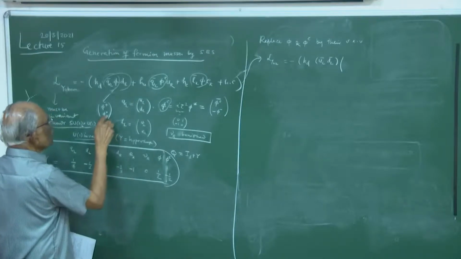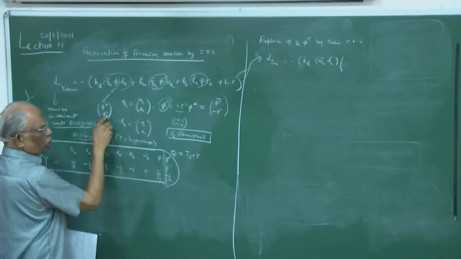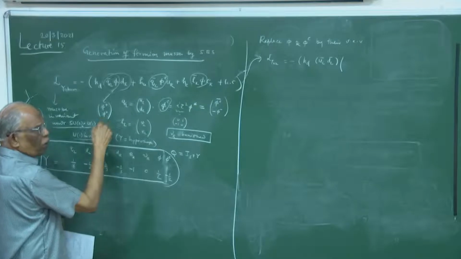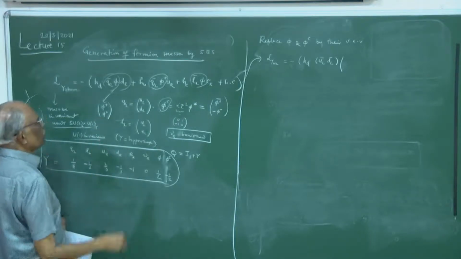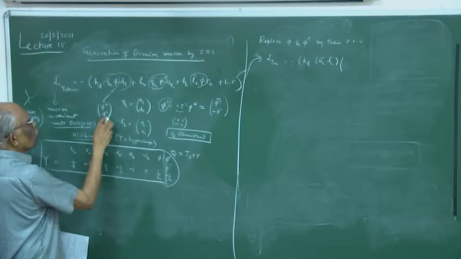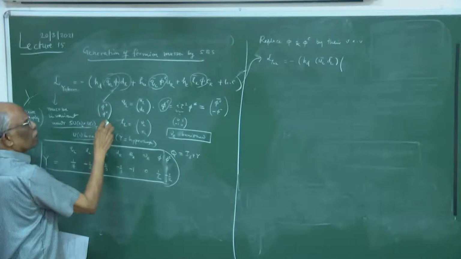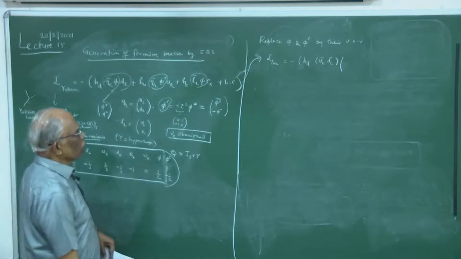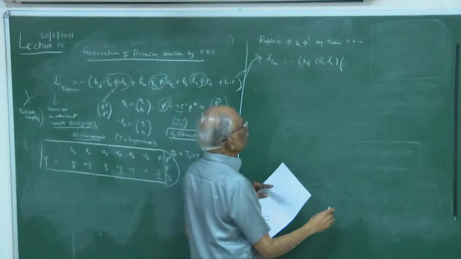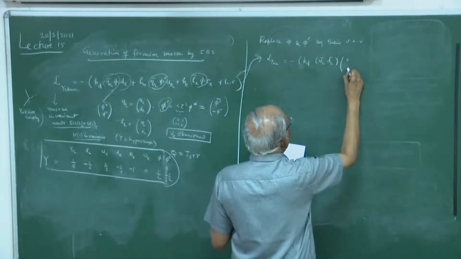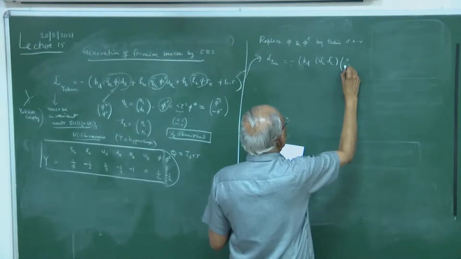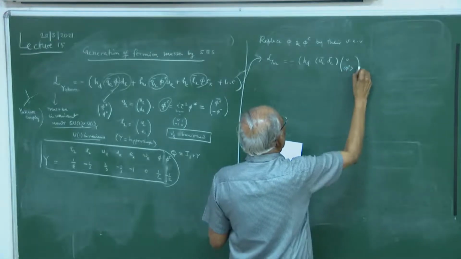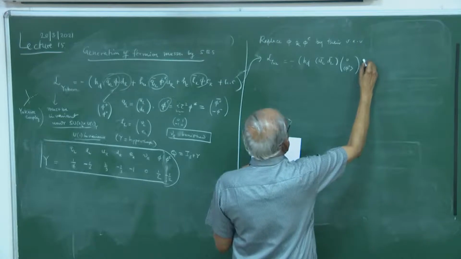So only this phi 0 picks up a non-zero vacuum expectation value, and remember we called it rho after taking out the phase. So let us write it as 0, phi 0 vacuum expectation value, and then dR.